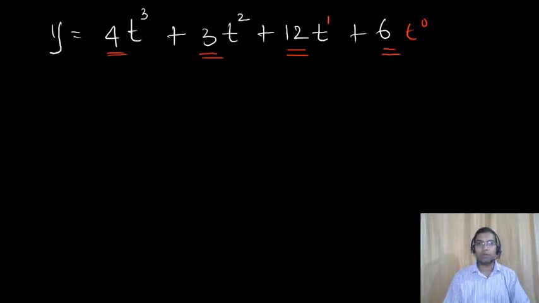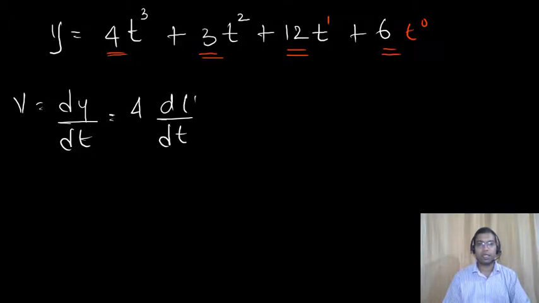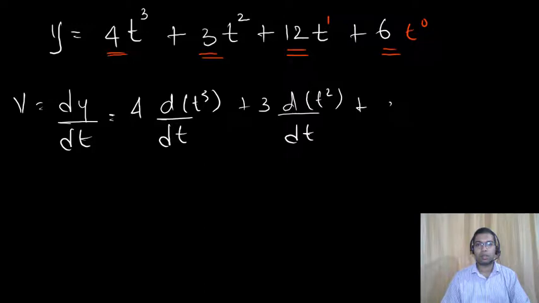So therefore, we can write our expression for velocity, dy by dt, as 4 d by dt of t cubed plus 3 d by dt of t square plus 12 d by dt of t power 1 plus 0.